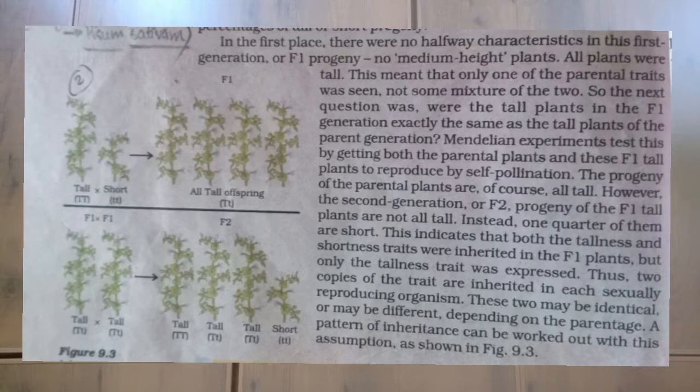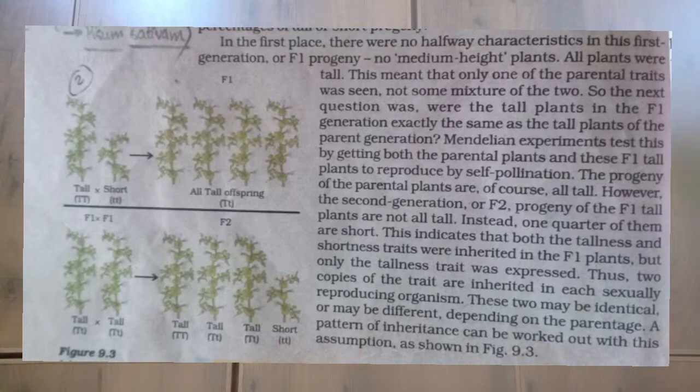F1 generation stands for first generation. In the F1 progeny, no medium height plants were found. All the plants were tall. This meant that only one of the parental traits was seen and there was no mixture of the two.